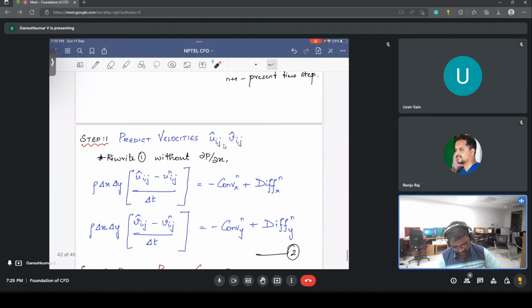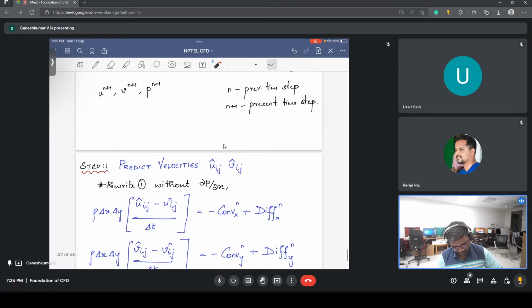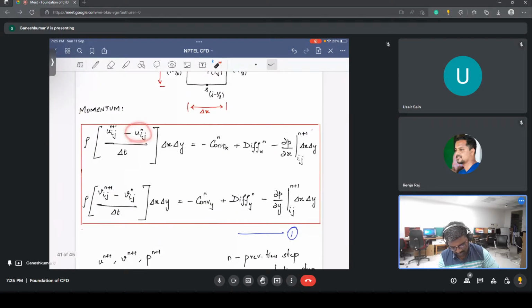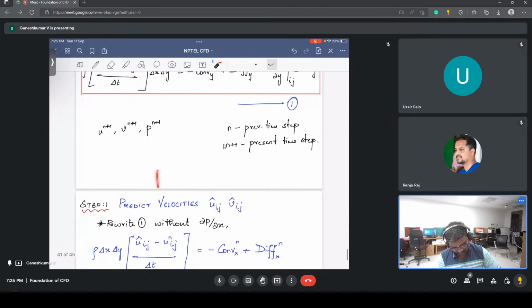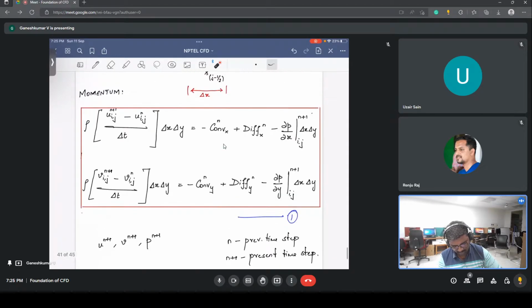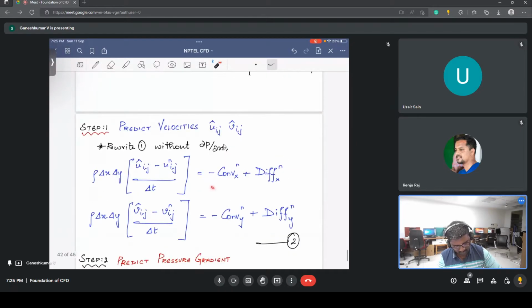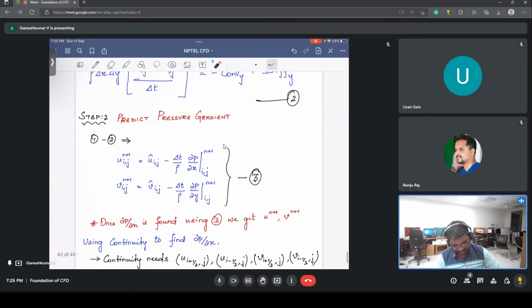When you subtract, u^n drops out, and the convection term drops out too, because you are subtracting these two equations.